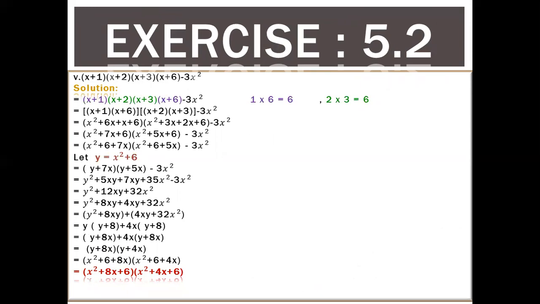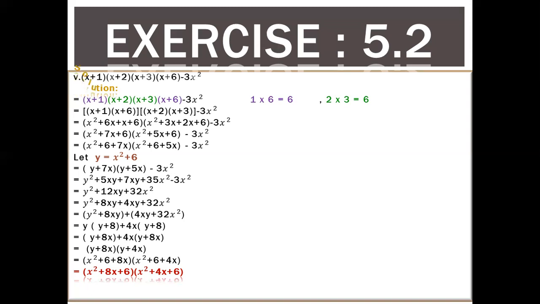In this part, we multiply the constant term because this is x square. So that's why only this step is changed. Otherwise, the whole question is the same as we have done in the third part.